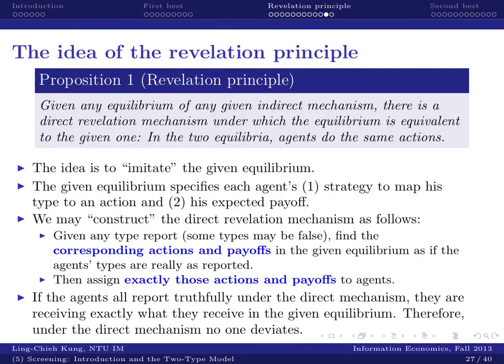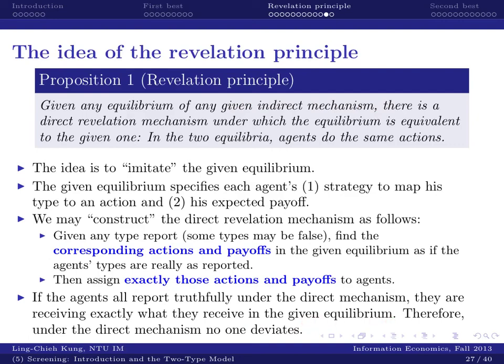If I really do so, then the following thing will be true. Suppose all of them report truthfully under the direct mechanism, then what they will do and what they will receive will be exactly what happened in the given equilibrium, right? And moreover, because this is an equilibrium, no one wants to deviate.